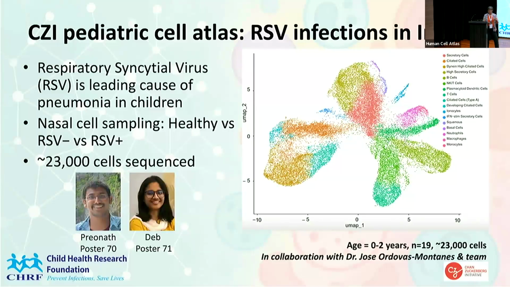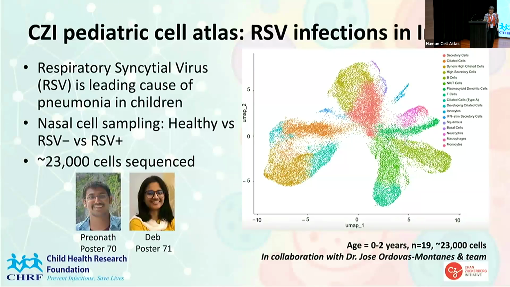In order to understand that, we started enrolling children that have an RSV infection, and then enrolled healthy age, neighborhood matched, sex-matched controls. We just started sequencing the cells. So far, we have sequenced about 23,000 cells. There's a UMAP here. This is in collaboration with Jose's lab in Harvard and his team.